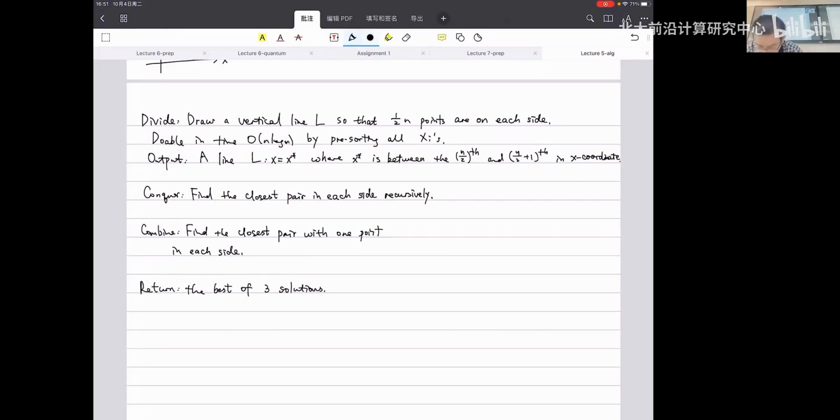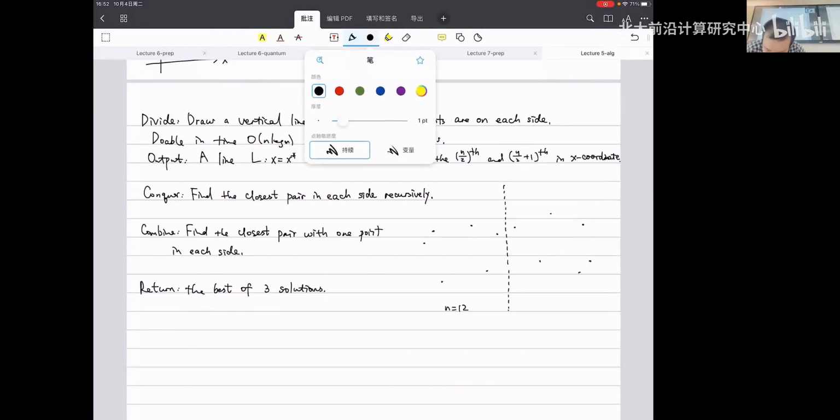So maybe let's draw some example here. Here you can probably see that I'm drawing 12 vertices, and let's say n equals 12. If we make the divide and conquer, we are going to make a division here. The left-hand side has 6 vertices and the right-hand side also has 6 vertices.